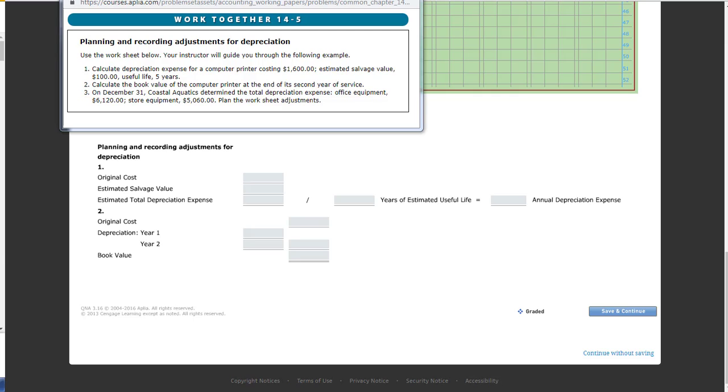Okay. So any asset that you buy and own, besides houses and buildings, those tend to go up, are going to be depreciated. Okay? In order to calculate and find depreciation, you have to know a couple things. The first thing that you have to know is how much did you pay for it?